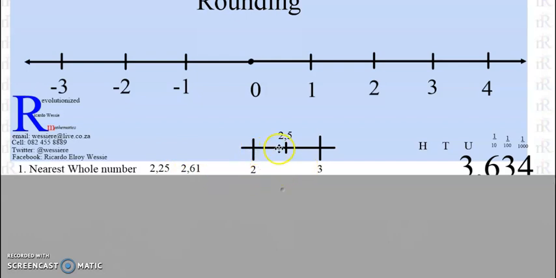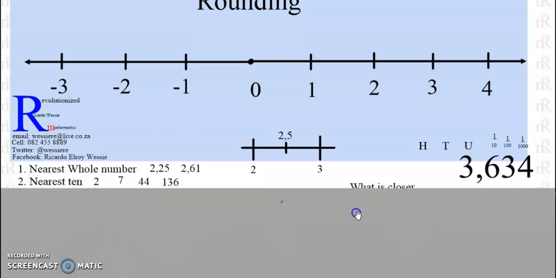So 2,25 will be approximately here, so it will be closer to 2. So the nearest whole number to 2,25 will be 2. The nearest whole number to 2,61, so 2,5, 2,6, 2,61 will be on this side of 2,5, so that will take me closer to 3. The halfway mark, and from there I decide which one is closer. I hope that is clear.